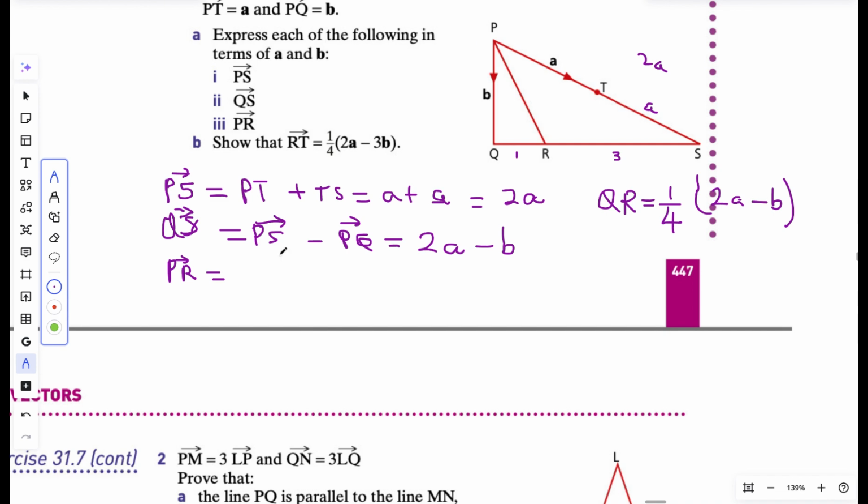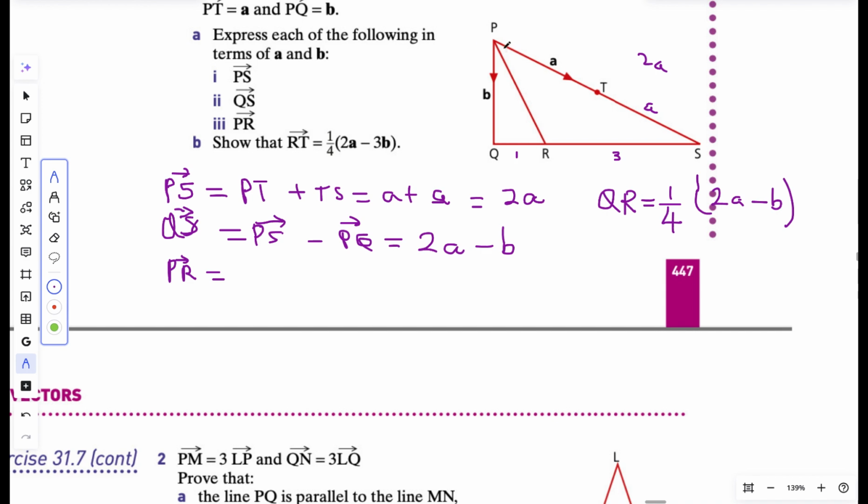Now to find PR, like we said, you're moving this way, so you're going to say this minus this. Because if we were looking for RP, we would have said this plus this would be equivalent to this.